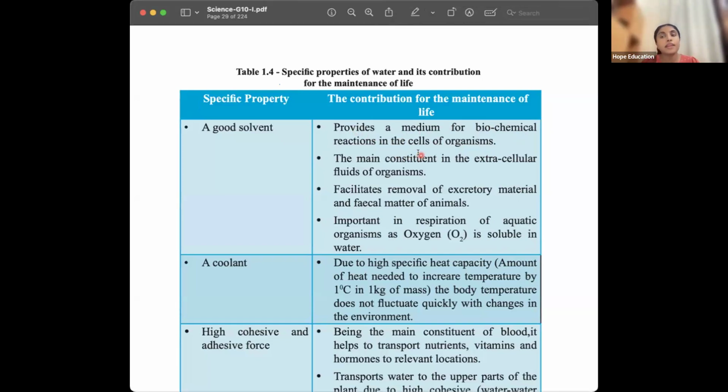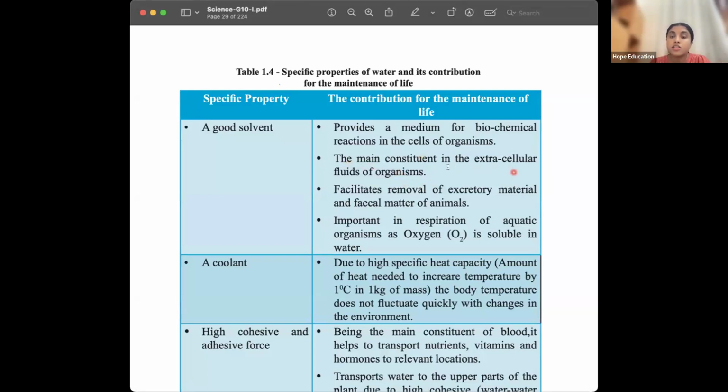Because these are chemical reactions inside the body, we call them biochemical reactions. So, for all of these biochemical reactions, the medium is water. Because inside the cell, there's a lot of water, right? Therefore, that water provides a good medium for biochemical reactions. All of these reactions happen inside the cell.